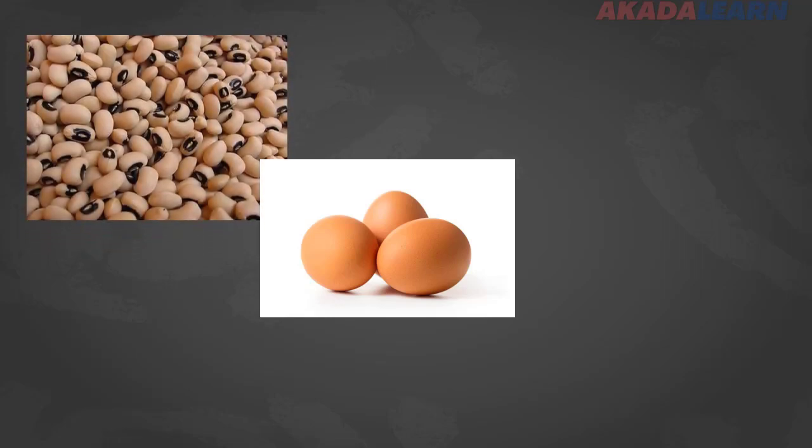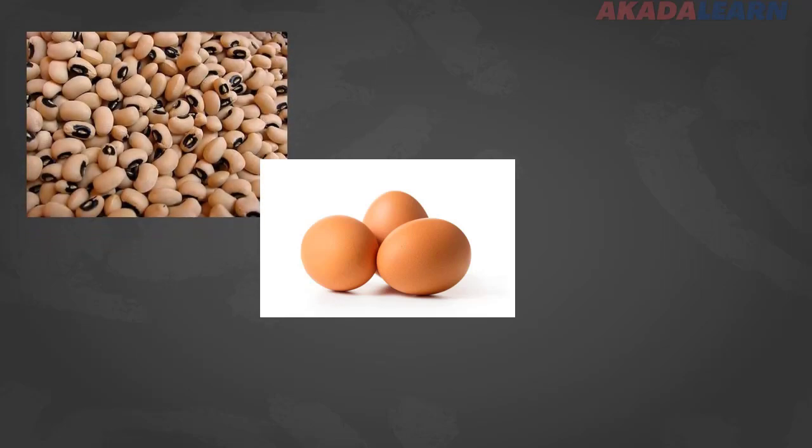But what if I say give me a dozen of beans? You can't, except you count 12 grains. But you see, the stress of counting grains of beans is so much. That is why we use measurements such as a bag of beans or a cup of beans.